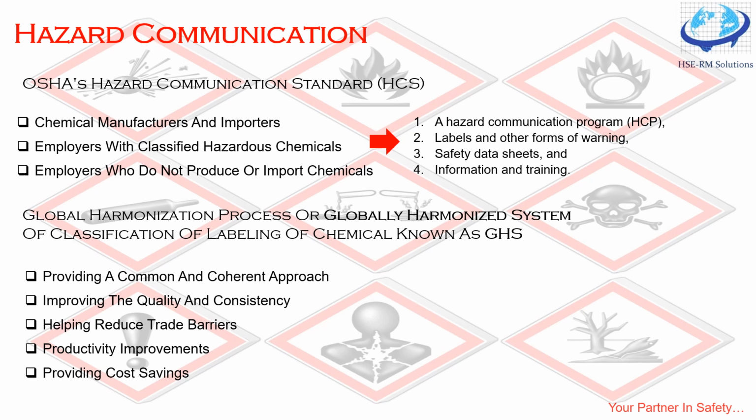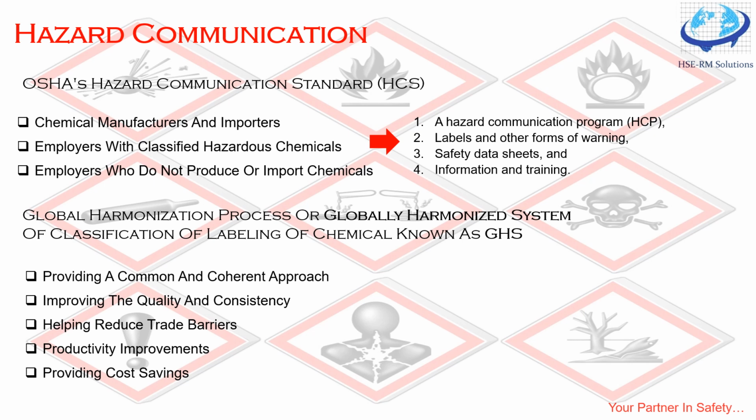The GHS addresses classification of chemicals by types of hazard and provides harmonized hazard communication elements including labels and safety data sheets. It ensures that information on physical, chemical, hazard and toxicity are available in order to enhance the protection of health and environment during chemical handling, transportation and use.